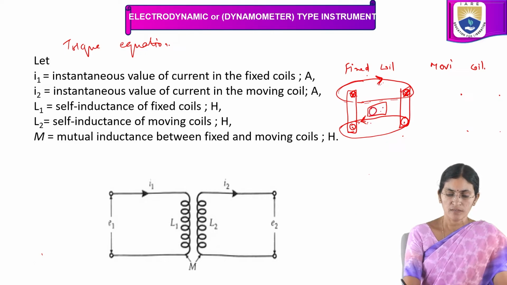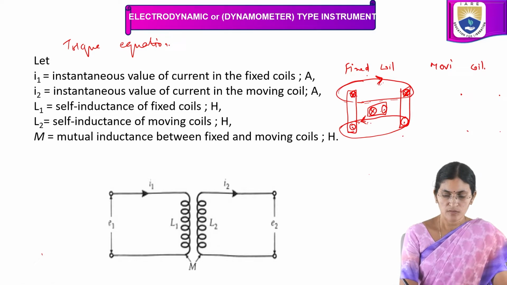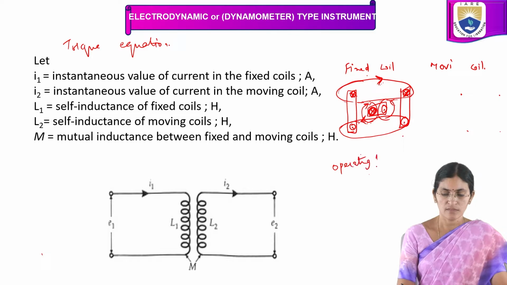Now here we have a moving coil inside this. Suppose the direction of the current is cross here and dot here, then the magnetic flux direction will be clockwise on one side and anti-clockwise on the other. The fixed coil will produce the operating field, and the moving coil will produce its own magnetic field.